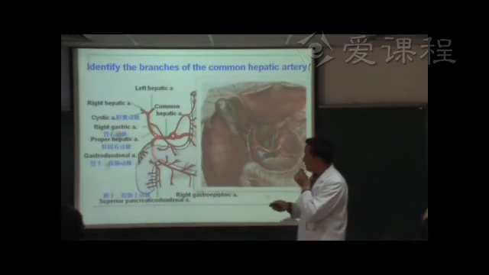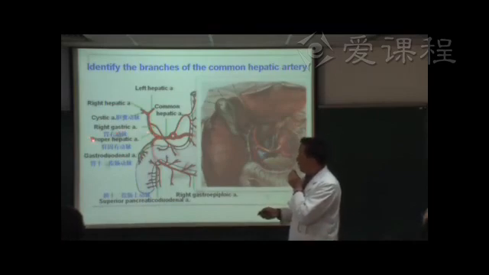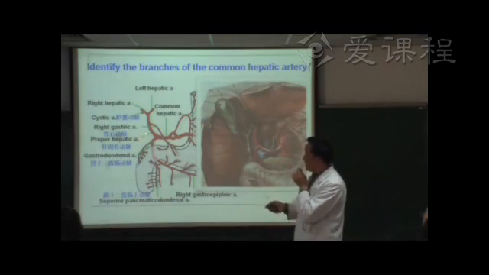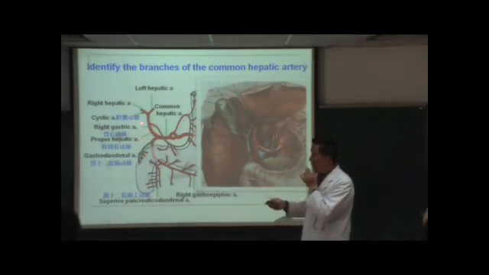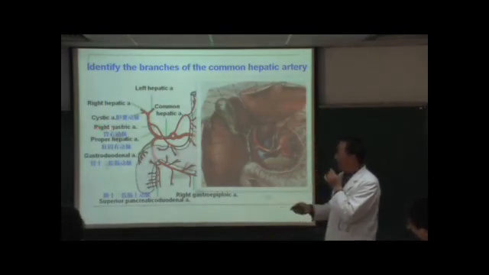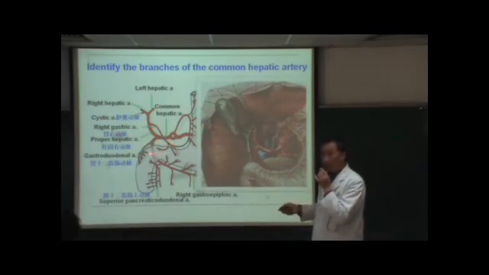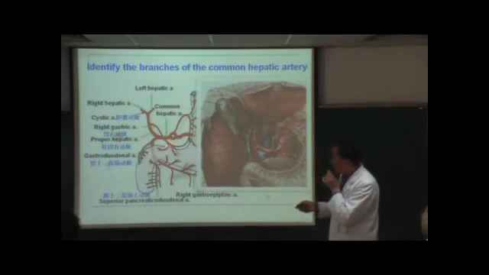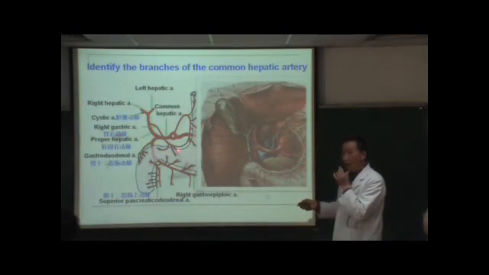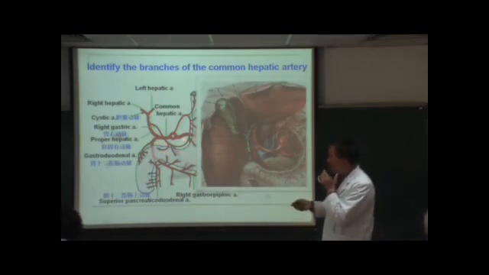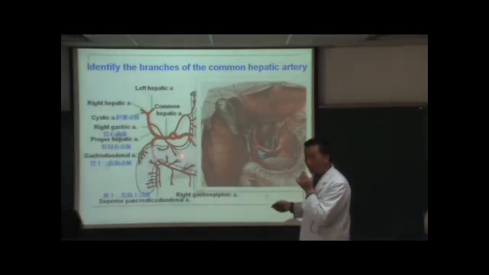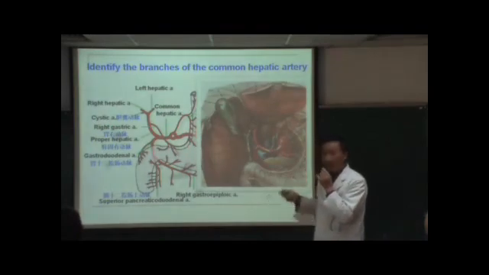Furthermore, the proper hepatic artery gives a branch, which is called the right gastric artery. This artery goes along the lesser curvature of the stomach to anastomose with the left gastric artery.